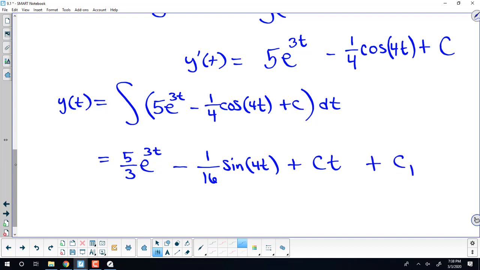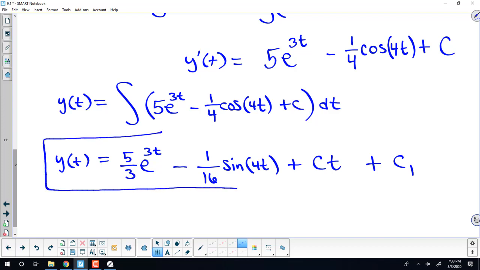Oh, so you don't keep the first one as c1? No, because now we're taking the antiderivative with respect to t on that. So as you keep going, the new ones get different names. Exactly. And if we integrate that again, that'll be c over 2 t squared plus c1 t. Okay, so that's the general solution to that differential equation.